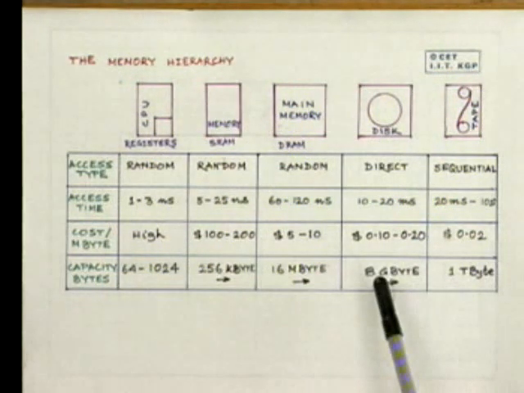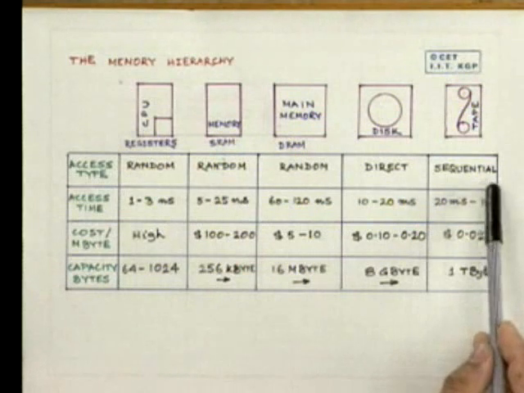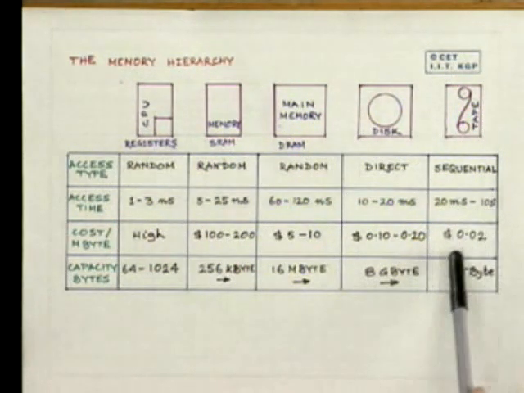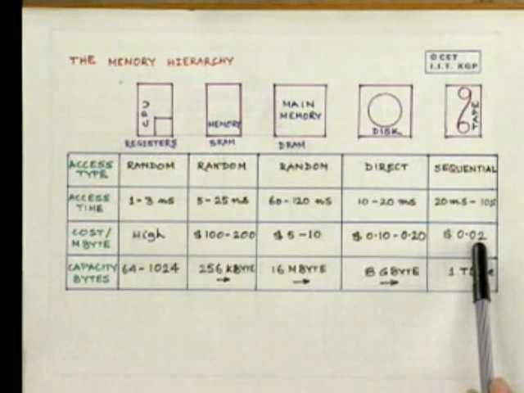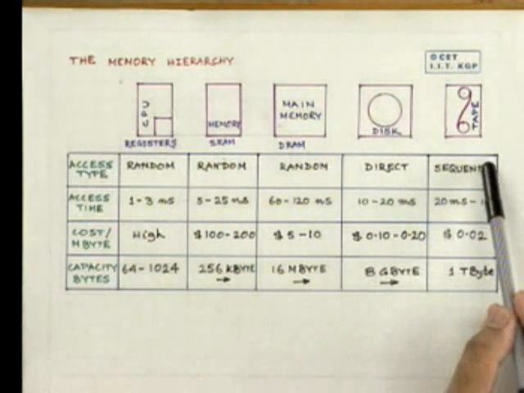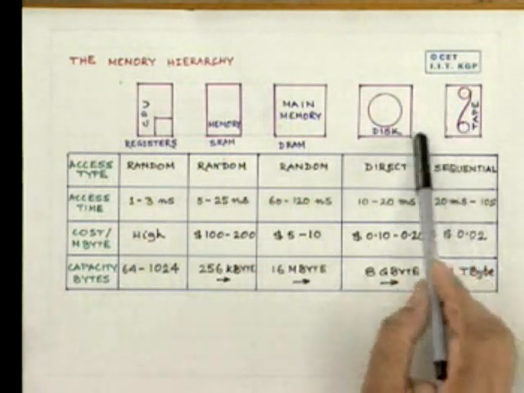Now the tape: the access type is sequential. The access time is pretty high, 20 milliseconds to 10 seconds. The cost per megabyte is very low, and the capacity can be 1 terabyte onwards. But generally this tape is used as a backup of the disk, as an archive.